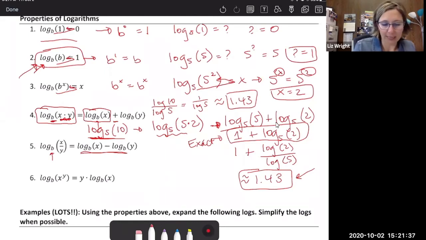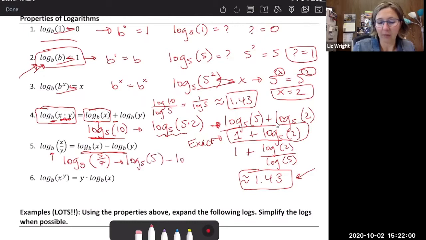So again, like if we had log base 5 of 5 over 7. So if it made sense to do this, what I could do is say, well, I want to simplify it as much as I can in exact form. Then you could do log base 5 of 5 minus log base 5 of 7.